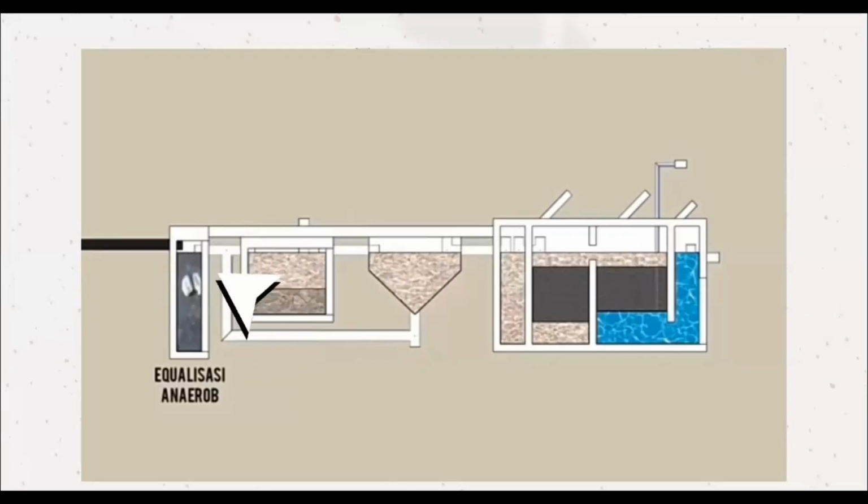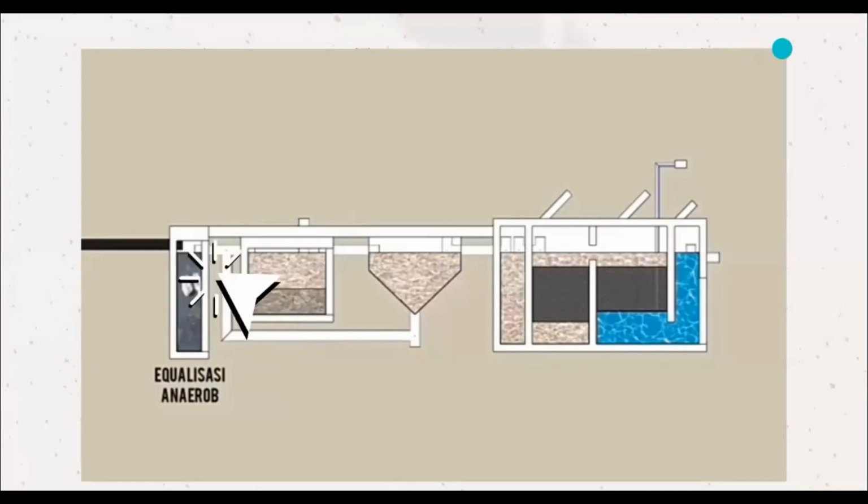This is the wastewater installation line from the batik industry, which has an anaerobic equalization tank with a function as a reservoir for all wastewater before it enters the next unit, so that it has a stable discharge.